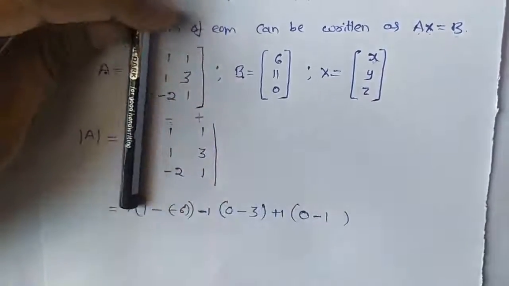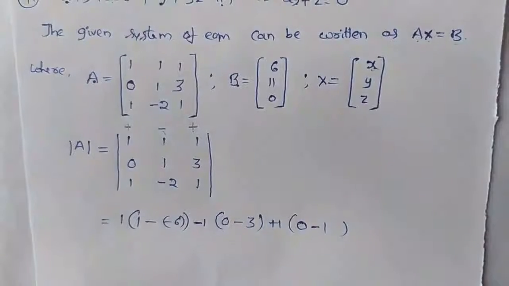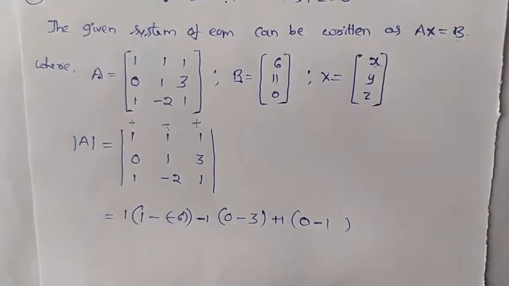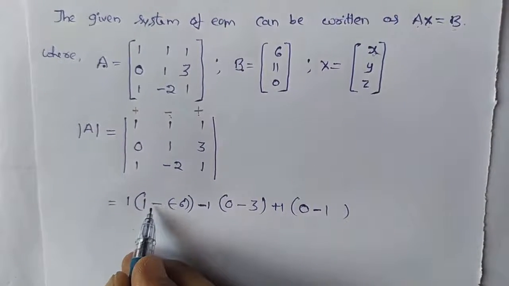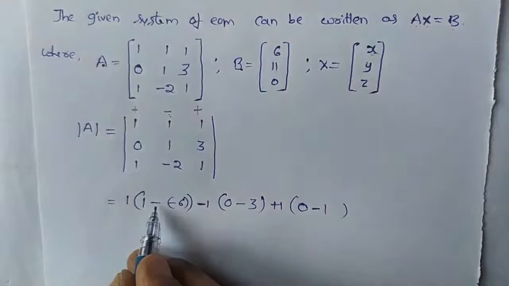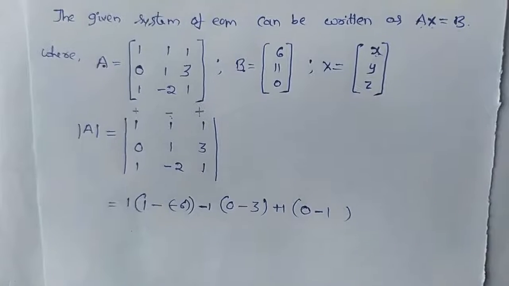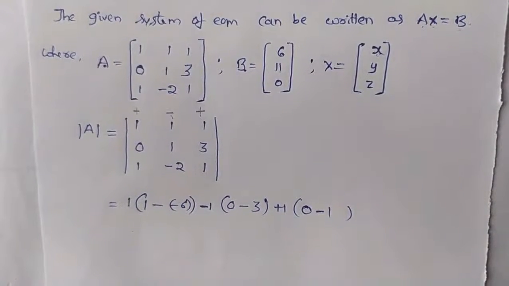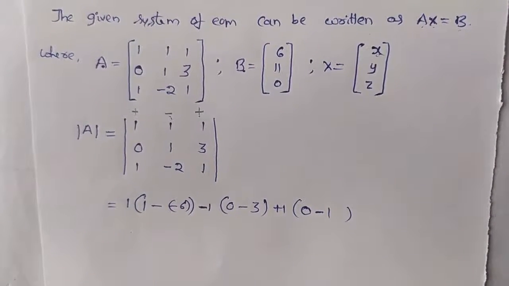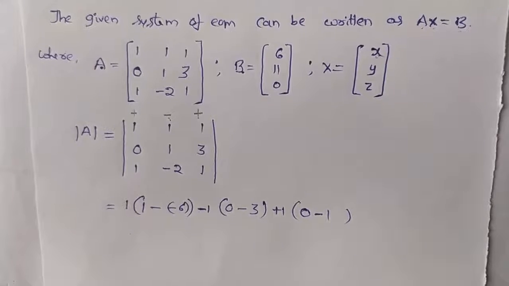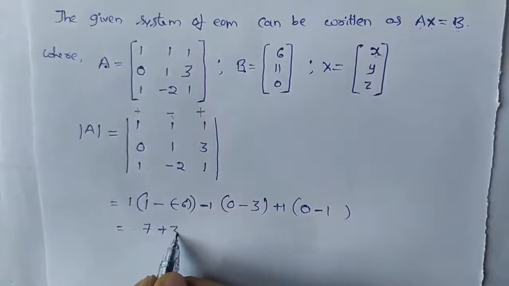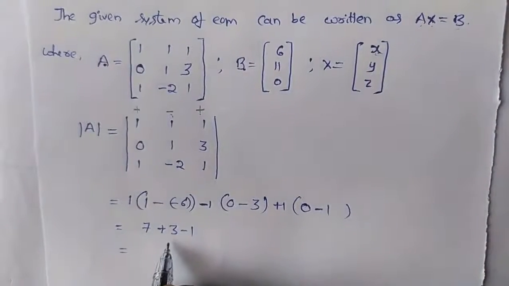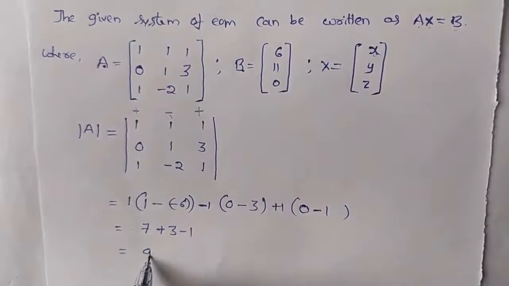It is the procedure to find the determinant of a matrix. Now simplify it. 1 into (1 minus −6), that is 1 plus 6 is 7. Then 7 plus 3 minus 1, that is 7 plus 3 is 10, 10 minus 1 is 9.